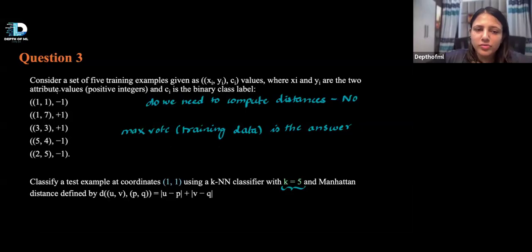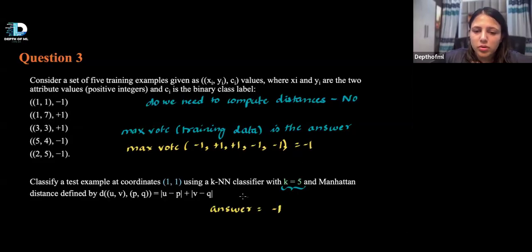So max vote of -1, +1, +1, -1 is equal to -1, right? So the answer is the predicted class -1. Fine, very simple, right? No rocket science in this.